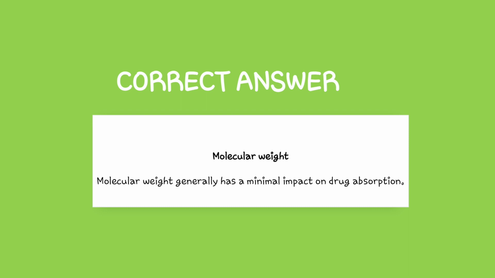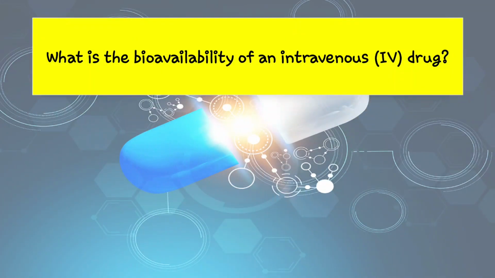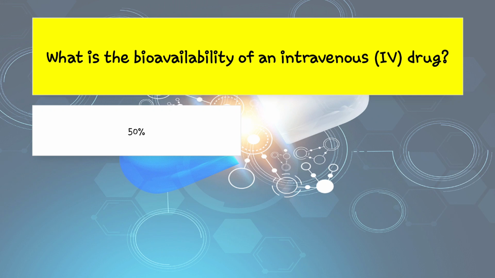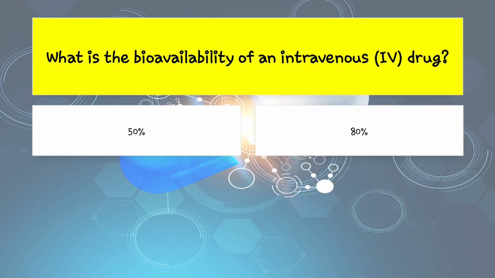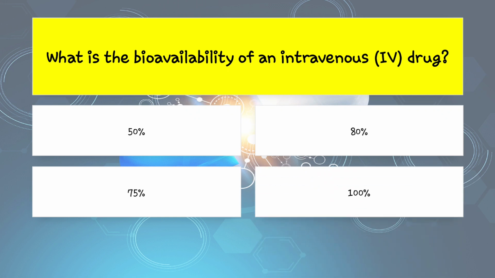Moving to the next question. The question is, what is bioavailability of intravenous, that is IV drug? And the options are first one 50%, second 80%, third 75%, or last 100%.